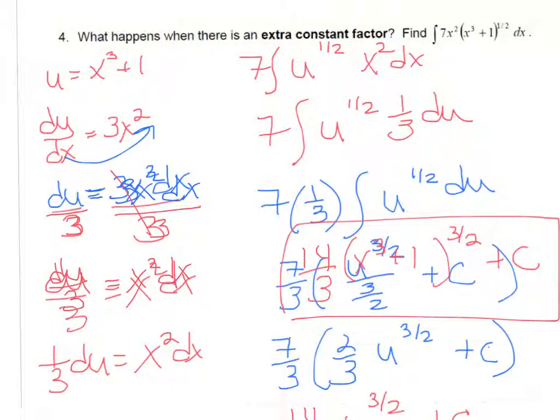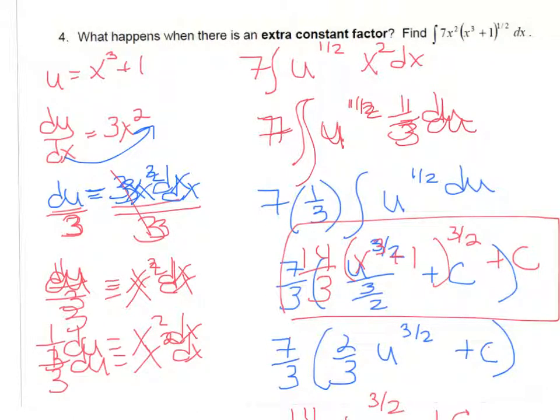But instead of du over 3, I'm going to write it as 1/3 du. Okay, so now we can substitute x squared dx. I can replace it with 1/3 du. And that 1/3 now is a constant, so I can move that to the front of my integral. And I'm going to do 7 times the 1/3.